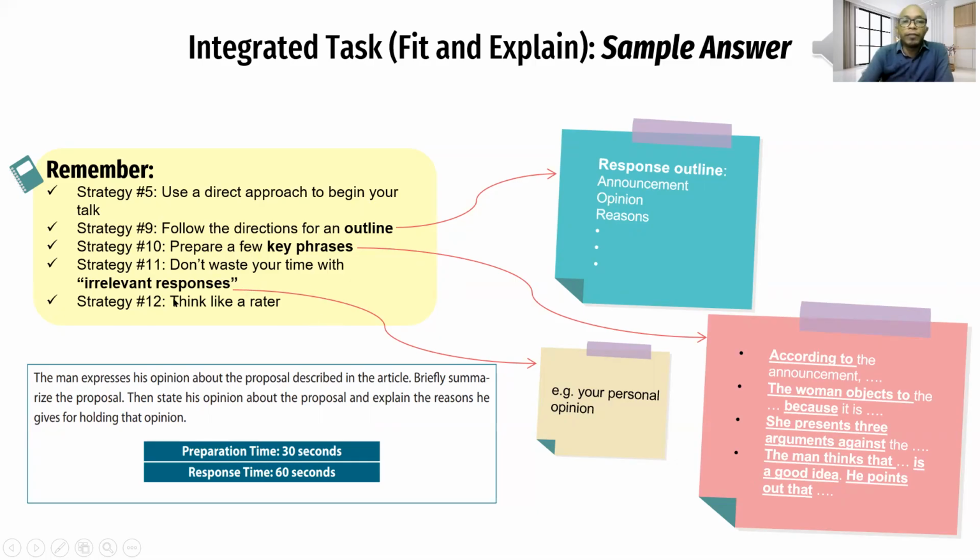Don't waste your time with irrelevant responses such as your personal opinion. Remember, the question asks you to report or state the student's opinion and not yours. So even though your personal opinion is really good and uses very good grammar or vocabulary, it will be pretty much useless because that is not relevant to the question.